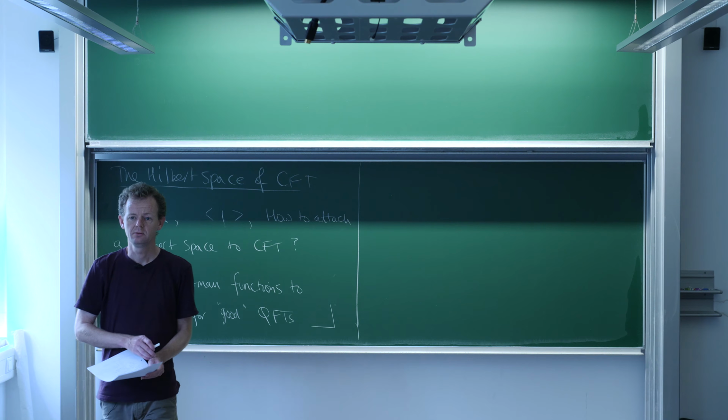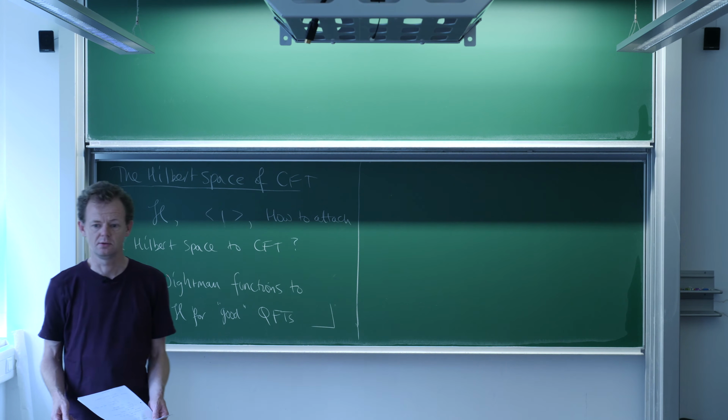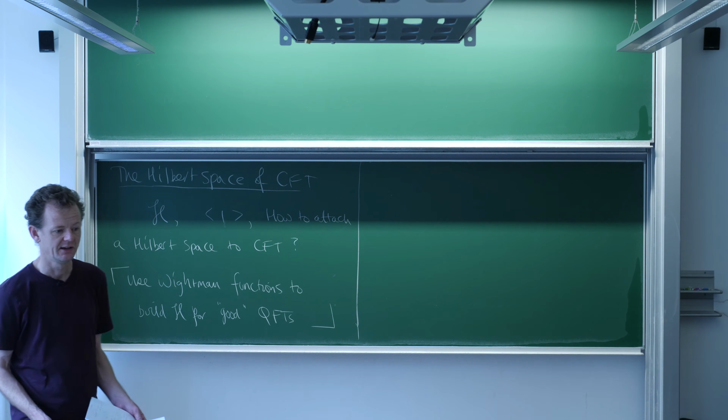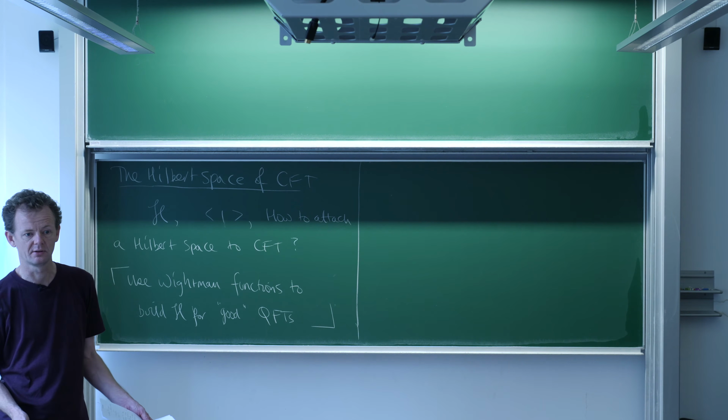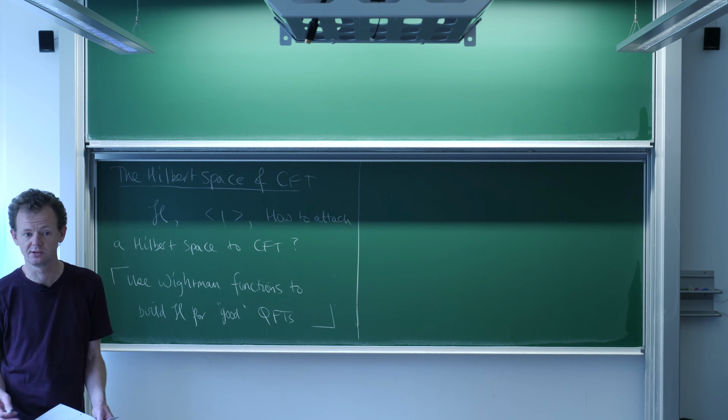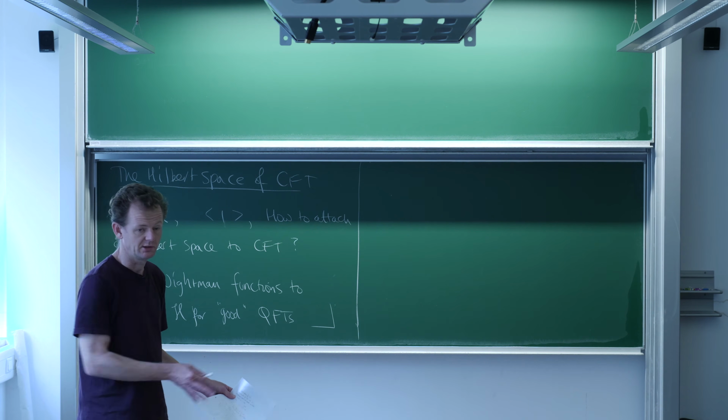What that amounts to is that you take the data that a good quantum field theory gives you, namely the n-point correlation functions, and then you use the n-point correlation functions to build a vector space and an inner product on that vector space. And you work quite hard, and then you find out that it's a Hilbert space. That's essentially what we're going to do today.